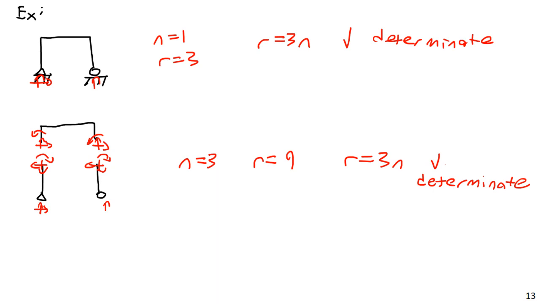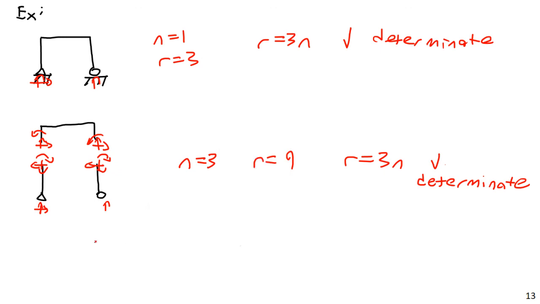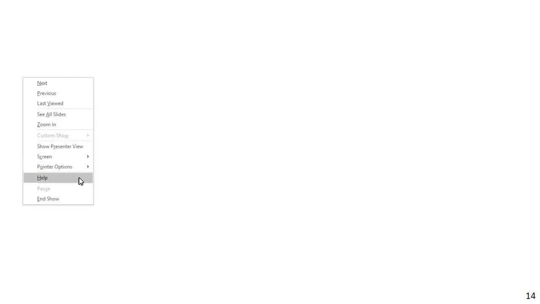Okay, so let me show another example, something a little more complex. Let's say I have a frame. Actually, I'll draw this on the next slide. I'm going to show a slightly more complex frame, and this will be indeterminate to a very high degree. Consider a frame like this.